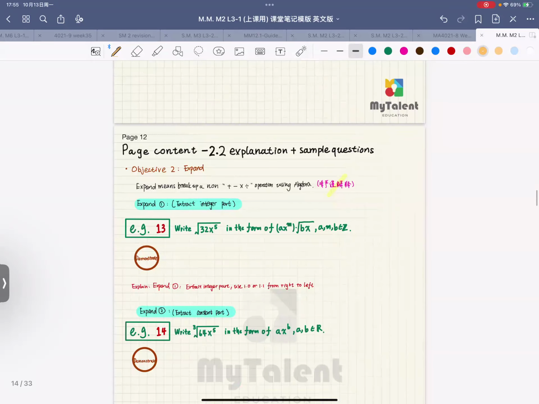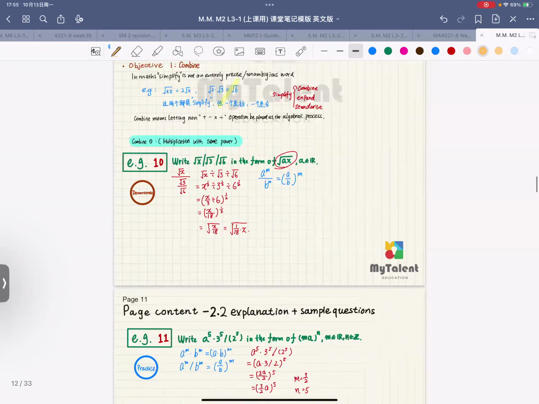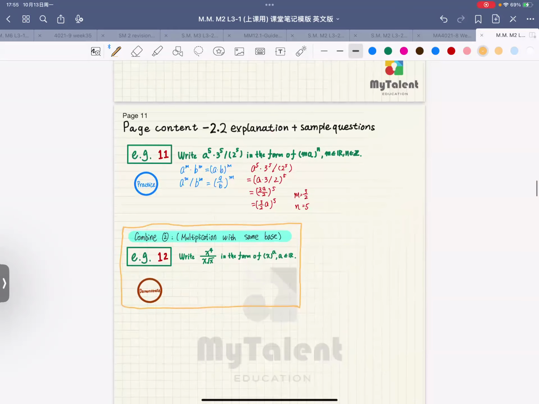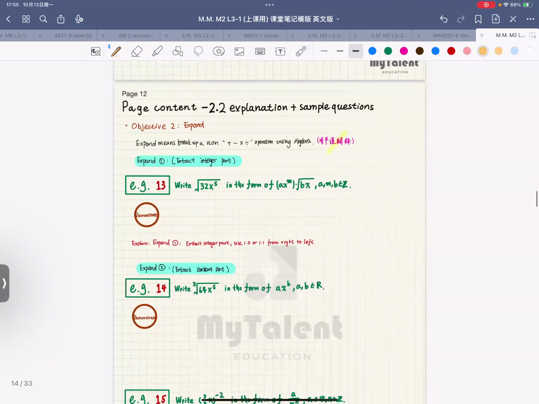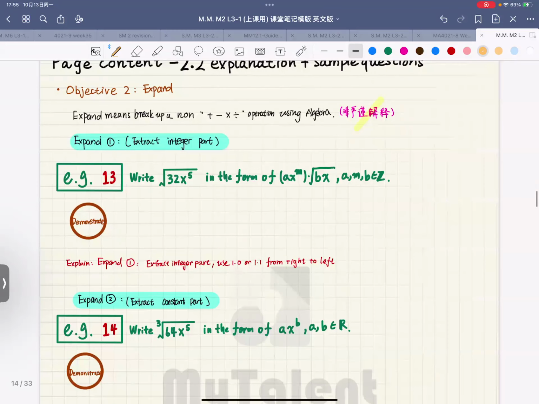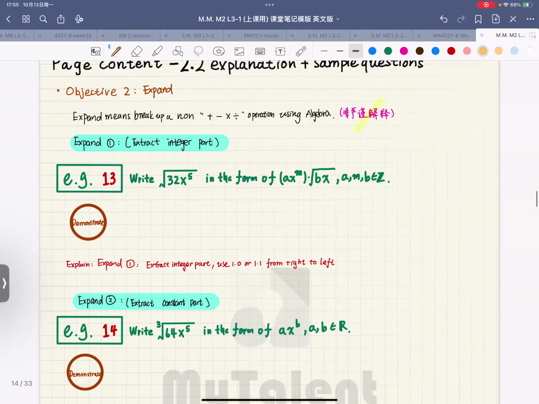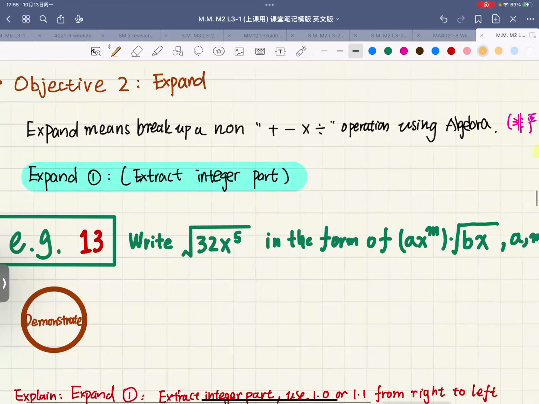Okay, let's move on to expand. Basically, all the examples here were combine, combining something together. Here, we're going to start expanding things. Expand means you break up something.